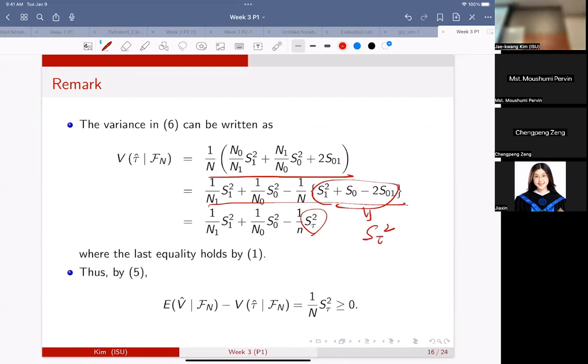Our variance estimator actually estimates the first two terms. So the true variance, sorry, this is actually capital N. So the variance estimator has this amount of bias, but this bias is non-negative. So that's why we can say that this is conservative.